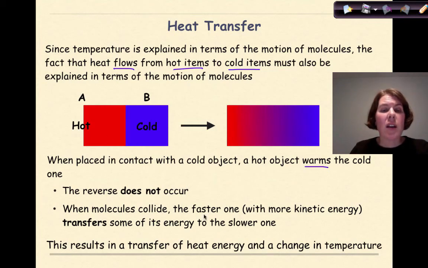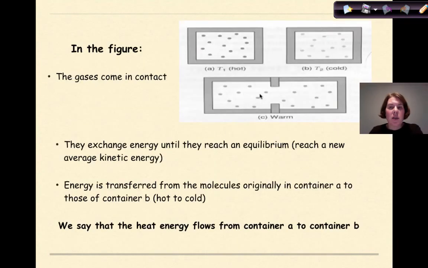When molecules collide, the faster one with more kinetic energy will transfer some of its energy to the slower one. This results in a transfer of heat energy and a change in temperature. Another way of looking at it is this figure right here. So we have box A and box B. Again, box A is representing hot and box B is representing cold, and then ultimately we're going to mix them together.